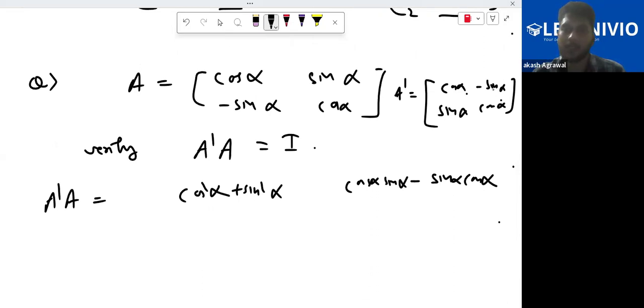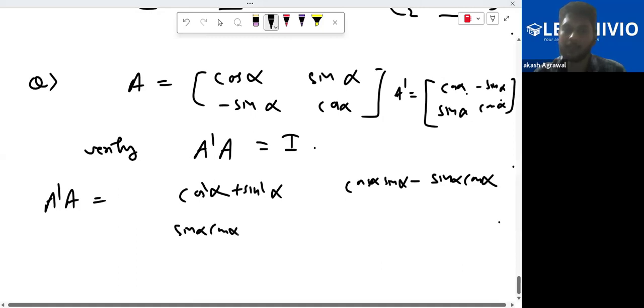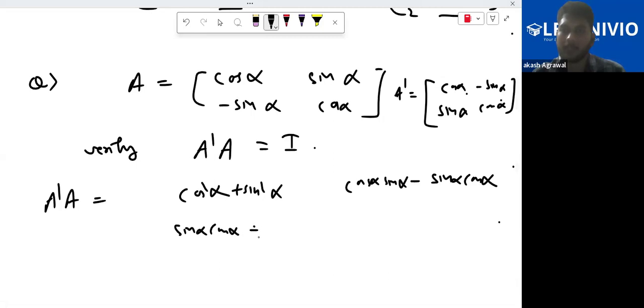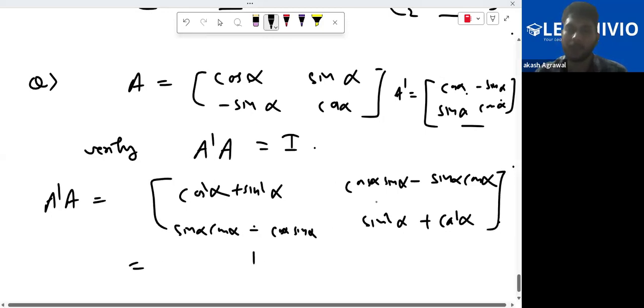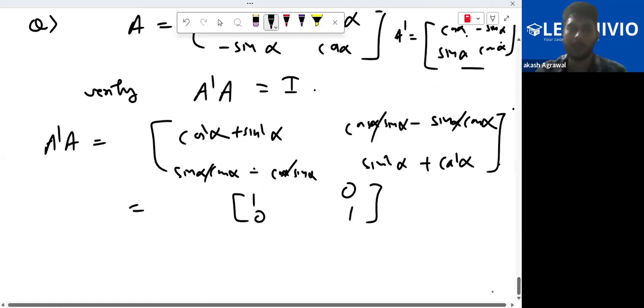Then sin alpha and cos alpha, plus sin square alpha, then sin alpha cos alpha minus cos alpha sin alpha, then sin square alpha plus cos square alpha. Okay, this is 1, this is cancelled out 0, this is cancelled out 0, and this is again 1. So this is an identity matrix. Okay. Rishita, clear? Yes, sir.